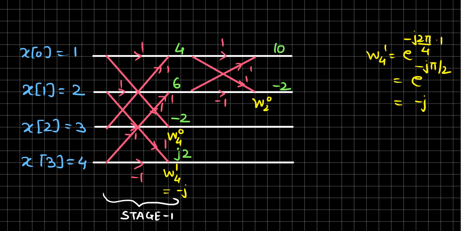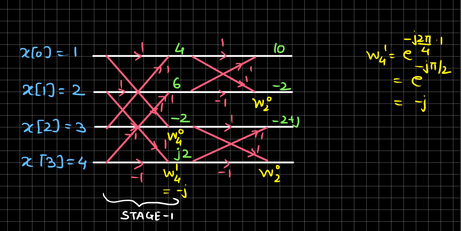Similarly, we can consider the next 2 points something like this. The scaling factors would be 1, 1, 1 and minus 1, and the twiddle factor would be again W2 to the power 0. So the value here that we obtain is minus 2 plus j2.